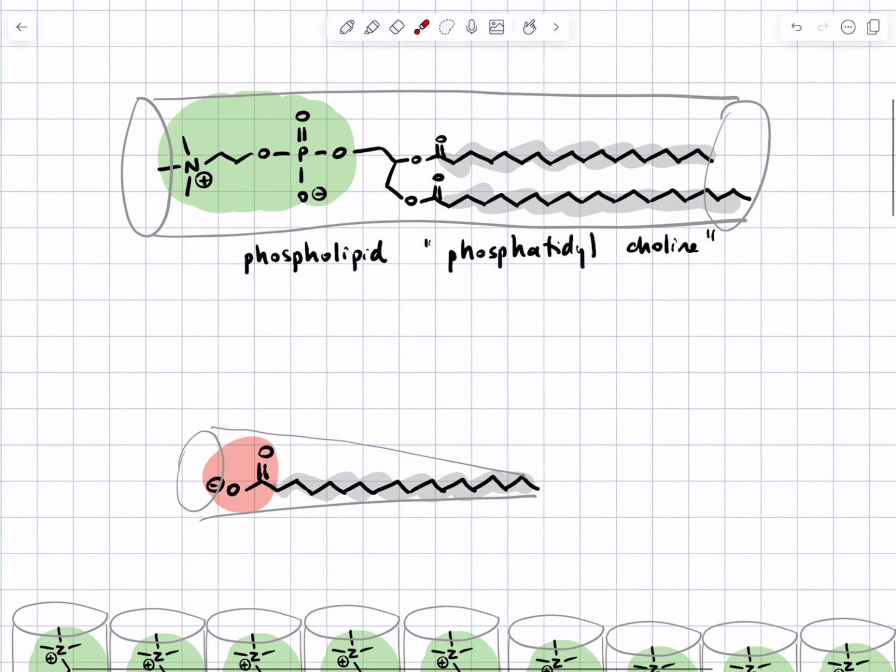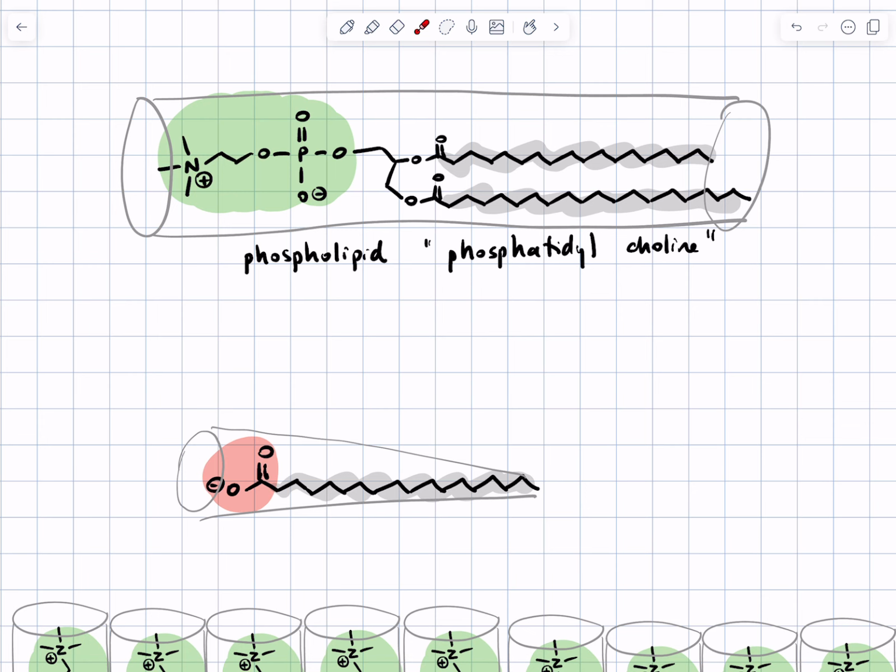In contrast, the cylindrical shape of the phospholipid with a polar head group and two nonpolar tails makes it so when you line up a lot of these phospholipids side by side, they don't curve as much. And so sequestering the nonpolar portion from water becomes more complicated.